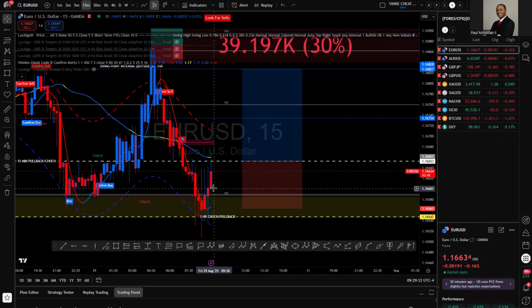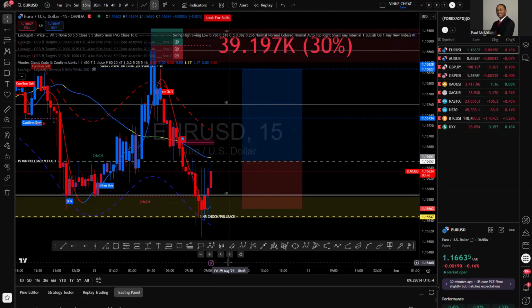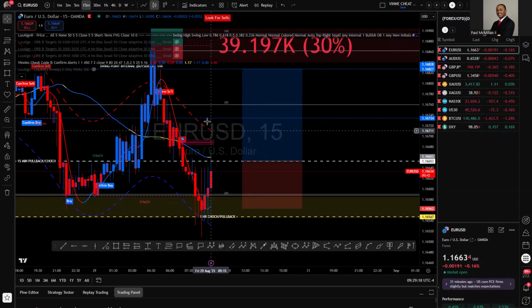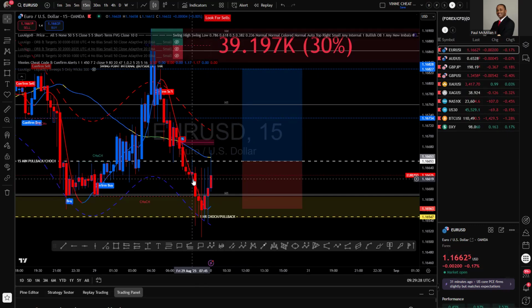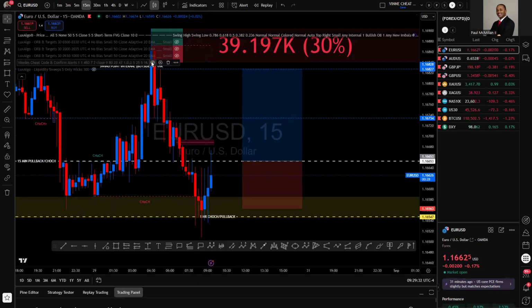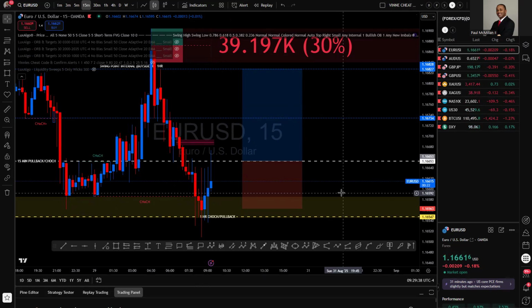But if this candle closes above here, it gives us some strength. But I might wait for the 9:45 candle to break above these tops. That's probably what I'm going to be looking for. So you'll see what happens with that. We've got a little bit over 20 seconds.